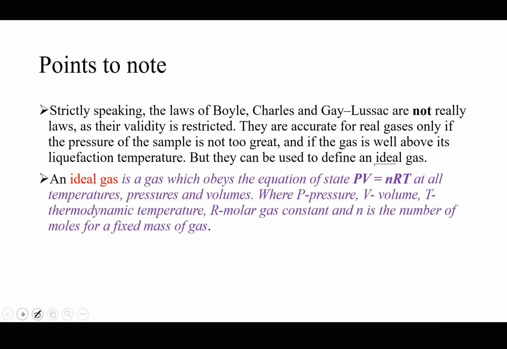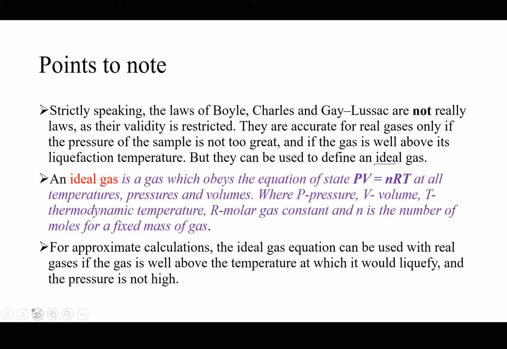So every time we use the ideal gas equation PV = nRT on a gas, we shall always be assuming that the gas is behaving as if it is ideal, because these laws have restrictions. They cannot be applied at any temperature or at any pressure. They are only applied to a gas whose pressure is not so high, but yet the gas exists as a gas at a temperature at which it would be a liquid.